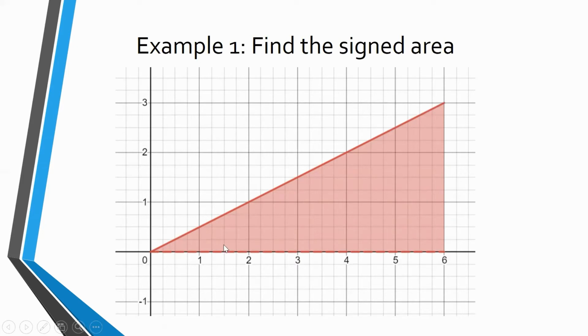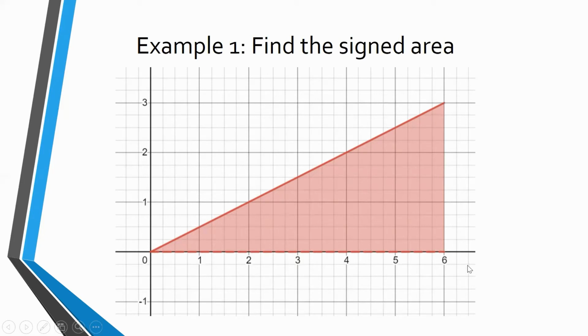In this example, our function creates a straight line. If you do the mathematics on this, the function is f of x equals 1/2 x. This is a line with slope 1/2.